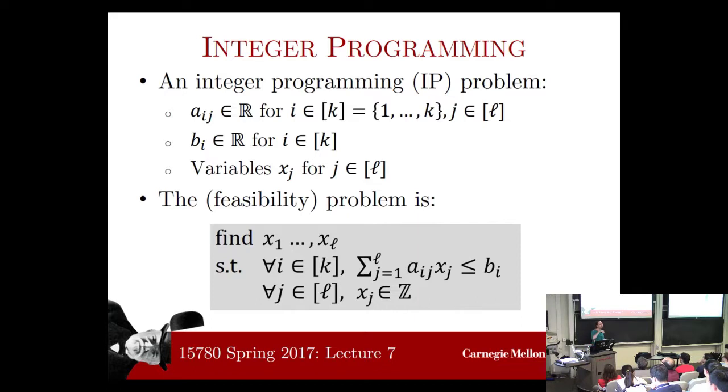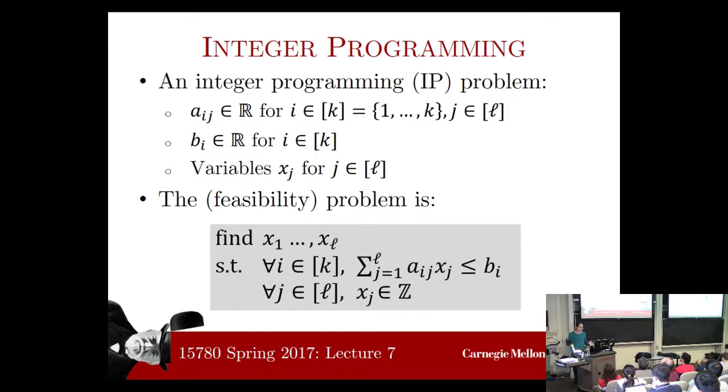This is basically the matrix A times x is smaller or equal than b in matrix notation, just written explicitly. And for every j, the variable x_j is an integer. So this is just another explicit way of writing down an integer program.